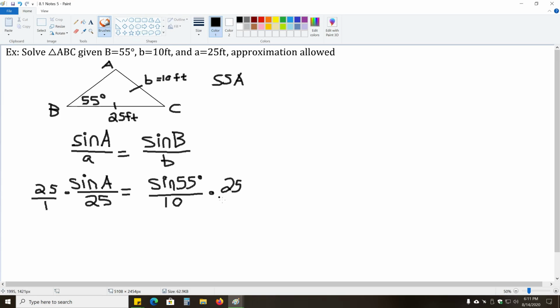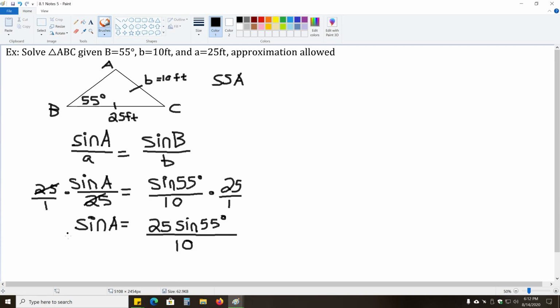Multiplying it to both sides does not change the problem. And when we do this, we can cancel out the 25 on the left, leaving us with just sine of A equals 25 times sine of 55 degrees over 10.